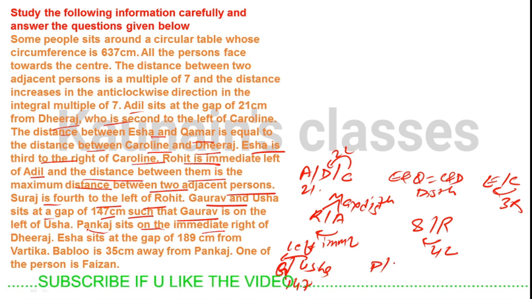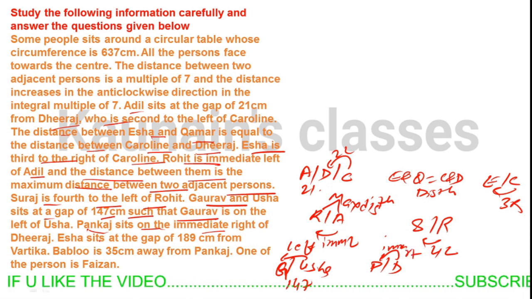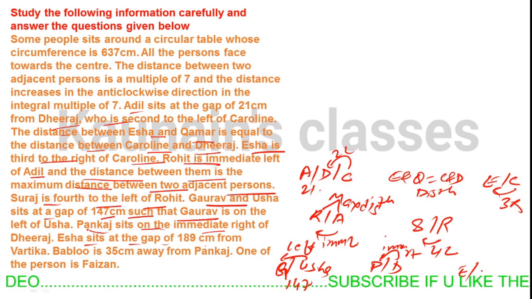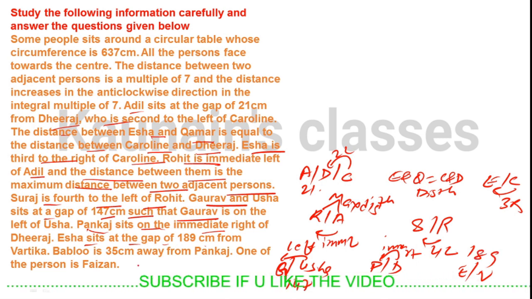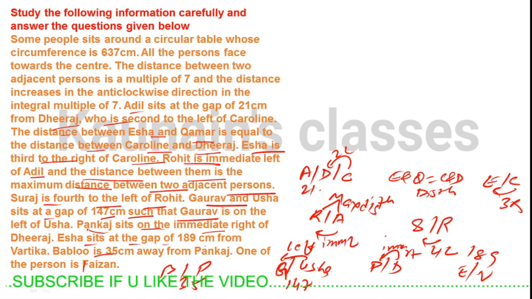Isha sits at a gap of 189 centimeters from Vartika. Bablu is 35 centimeters away from Pankaj, and one of the persons is Faizan.